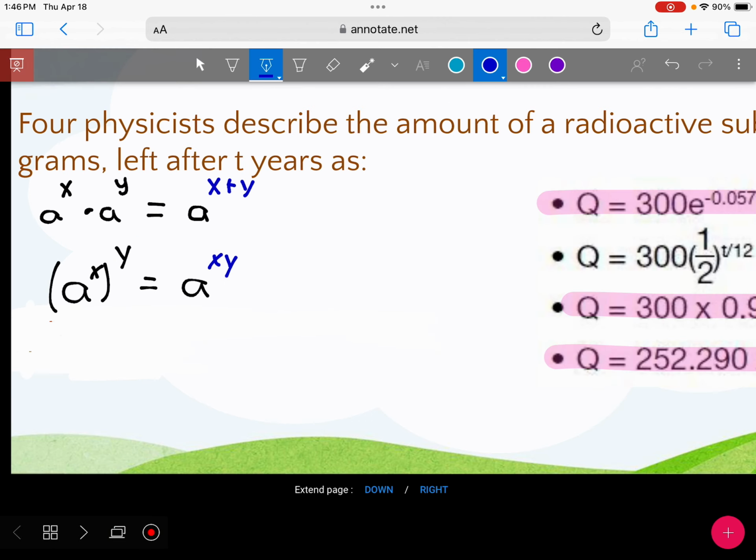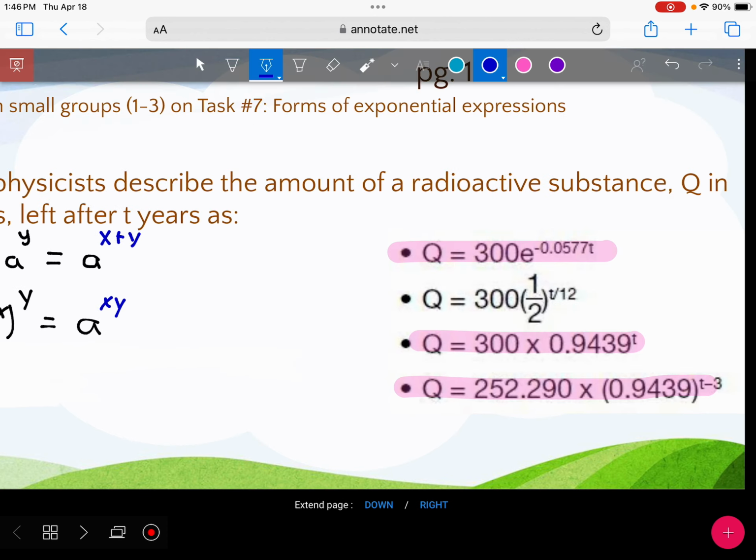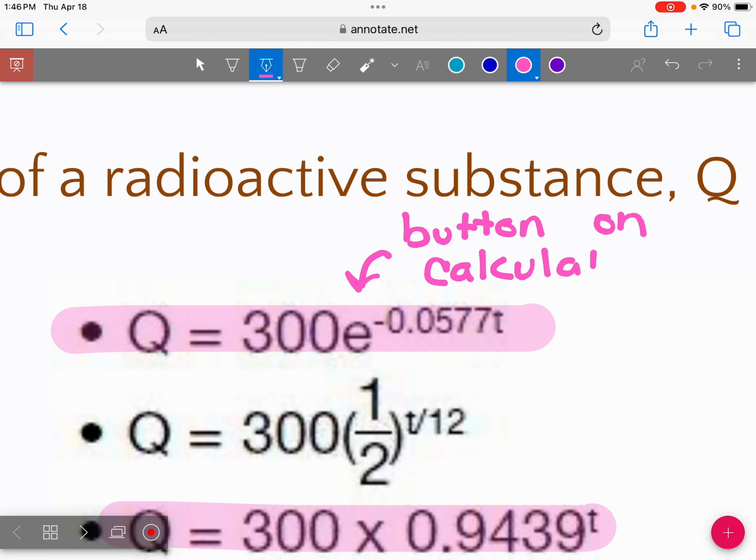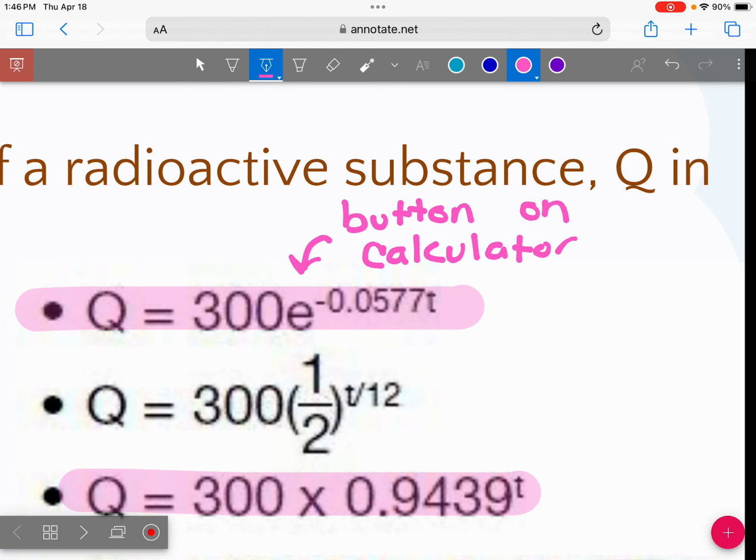And then also, remember e is a button on the calculator. If you hit second and ln, it'll give you that e.